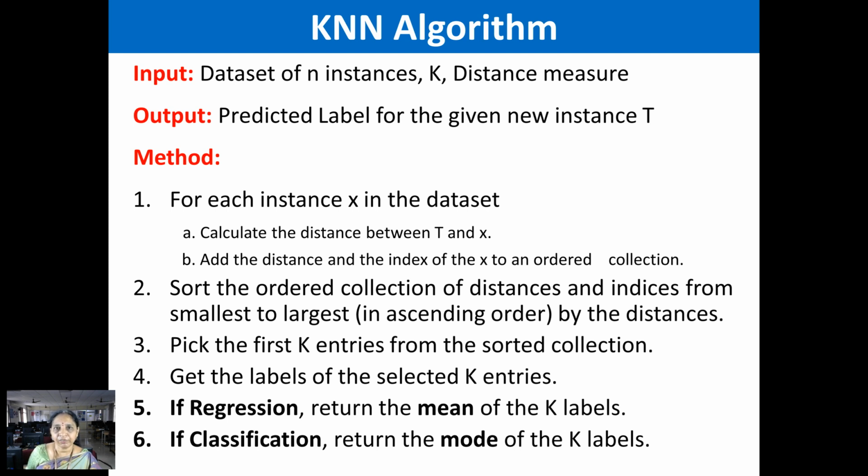Then based on the value of K, we pick the first K entries in the sorted collection, and get the labels of the first K entries. If it is a regression task, we take the mean, that is the average of the first K. And if it is a classification task, because we apply majority voting, we take the mode of the K labels. So this is about the KNN algorithm. Thank you.